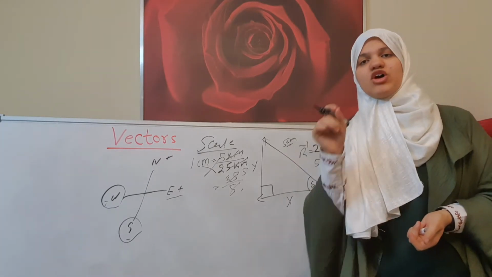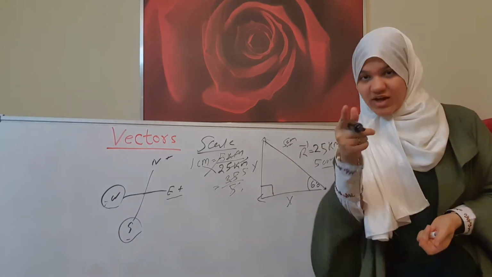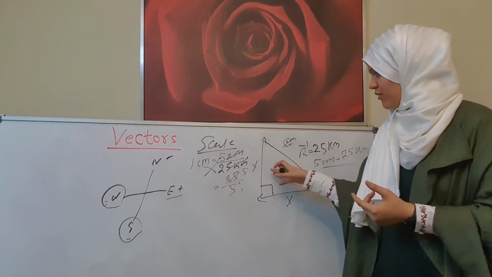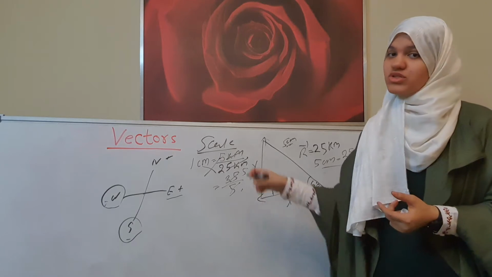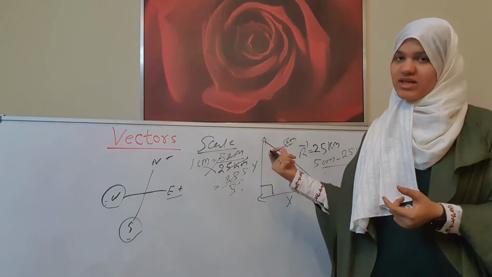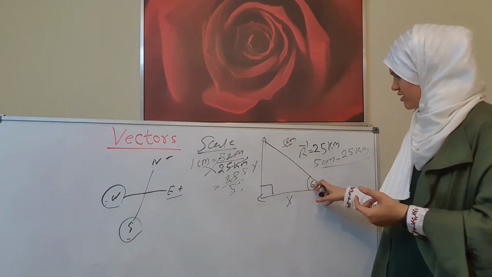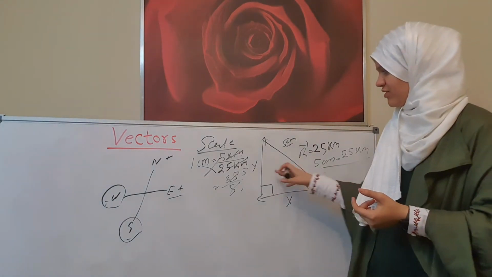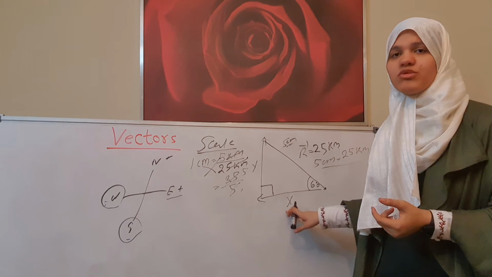That means it's opposite over hypotenuse. That means it will be solved by sin, because opposite over hypotenuse is equal to sin. Sin of any degree, sin 60 or sin theta, whatever the degree given. And x will be by cos.